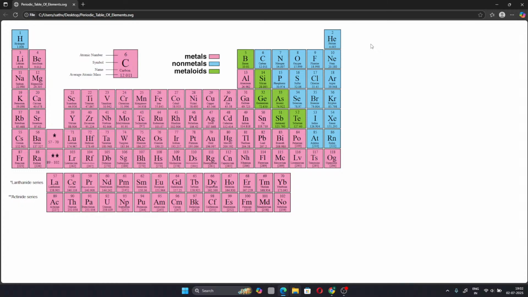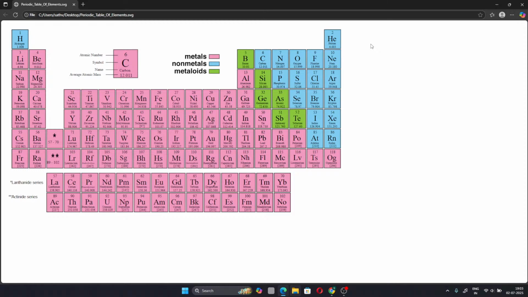All these are non-metals. We studied the pnictogens, the 15th group, which contains nitrogen, phosphorus, arsenic, antimony and bismuth, with 2 non-metals, 2 metalloids and 1 metal. In the oxygen group, or the chalcogens, the 16th group, we have oxygen, sulfur, selenium, tellurium, and polonium. There is also livermorium, but we didn't study the last period element, and mostly studied oxygen and sulfur.